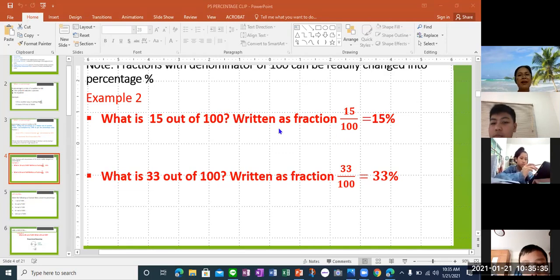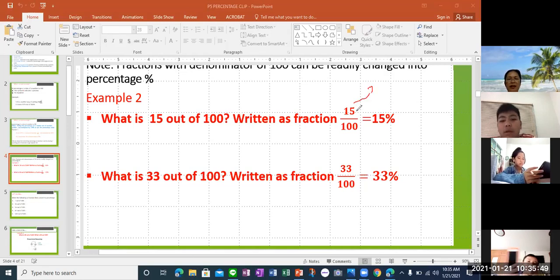So this time we have the fraction 15 over 100. So what is the answer? Like I said, you are just going to remove the... So that is your, this one. You are just going to imagine that if that is your 15, there is a period there or a point.